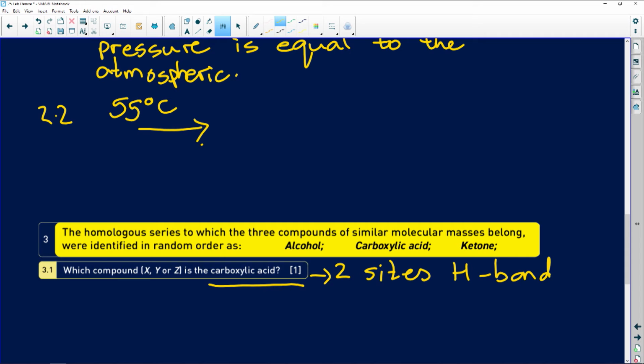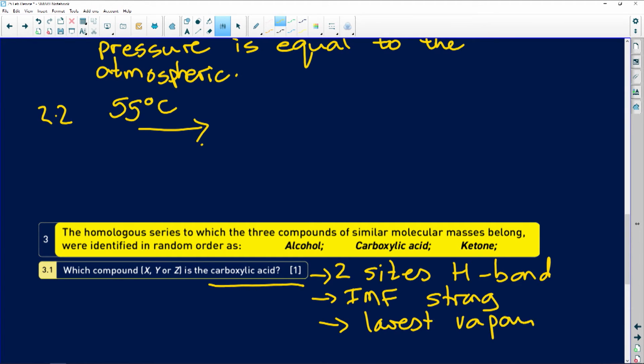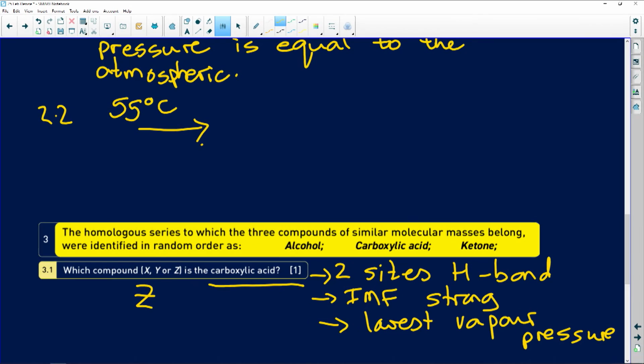So these intermolecular forces are very, very strong, and therefore it will have the lowest vapor pressure. Which one of those lines had the lowest vapor pressure? It was Z. So Z would be the answer here. Which compound would be the carboxylic acid? It will be Z. All right, so let's look at the next question quickly.